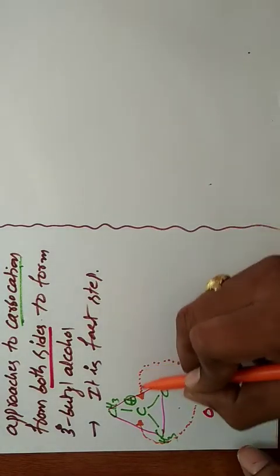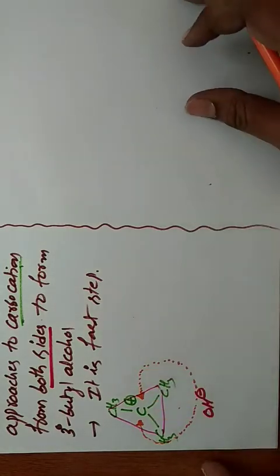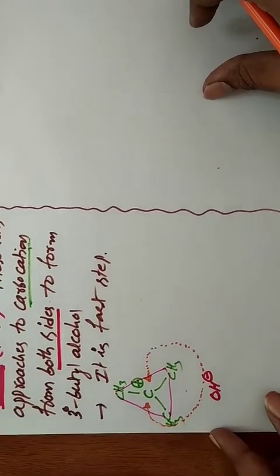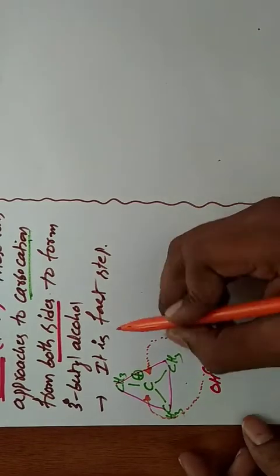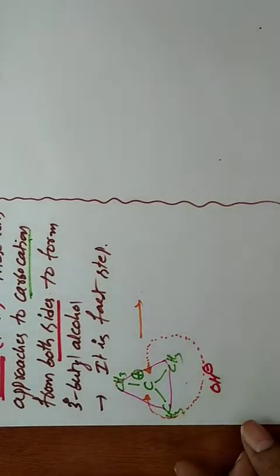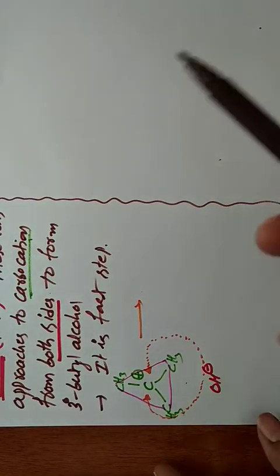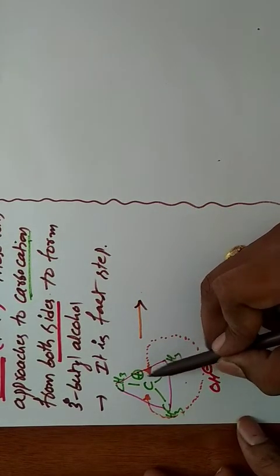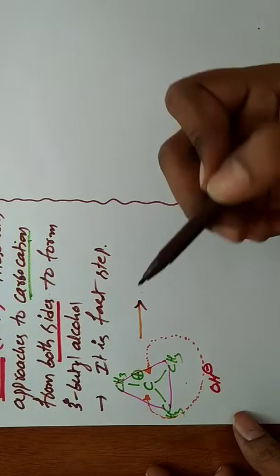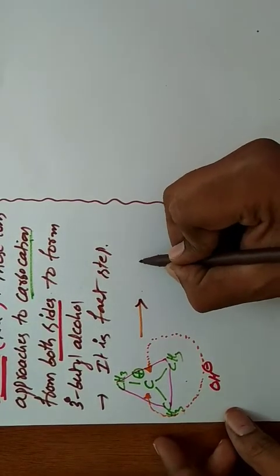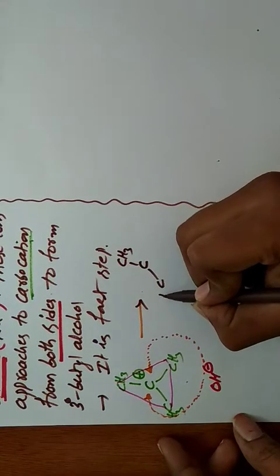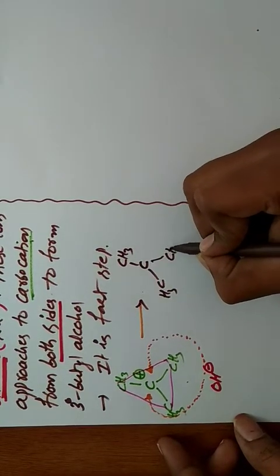Whenever OH minus ion attacks the positively charged carbon, we can get the product. So this is the first step. Reason: in between ions, positive ion and negative ion, very fast reactions. So that's why we can get carbon with CH3, CH3, CH3.